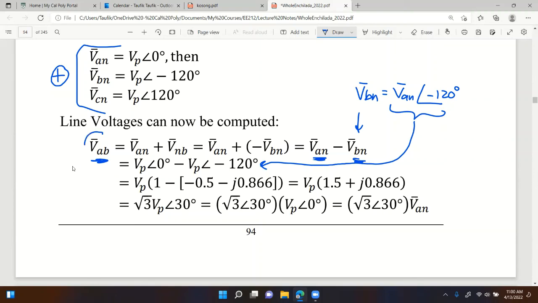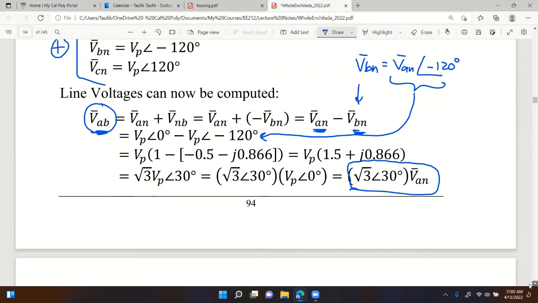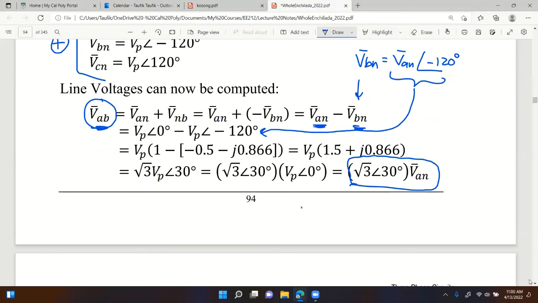And at the end, look at what happens. VAB is equal to VAN times square root of 3 at 30-degree angle, right? So now you can see the relationship between line-to-line voltage and phase voltage. This is only true for positive sequence.